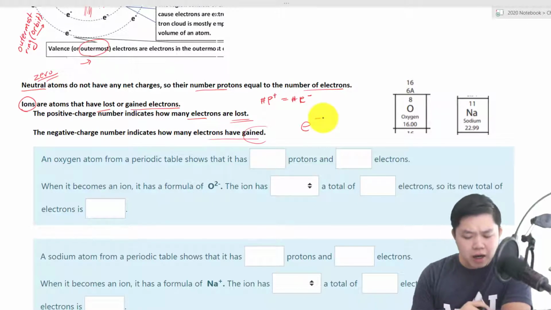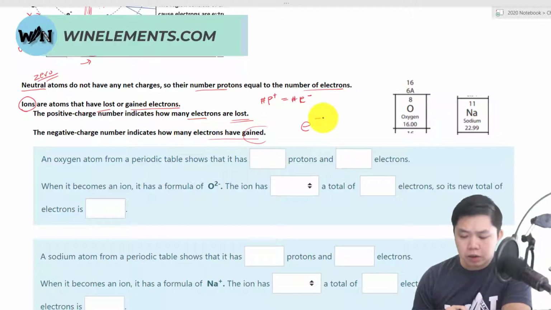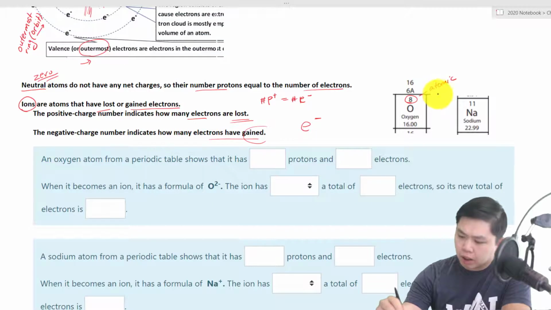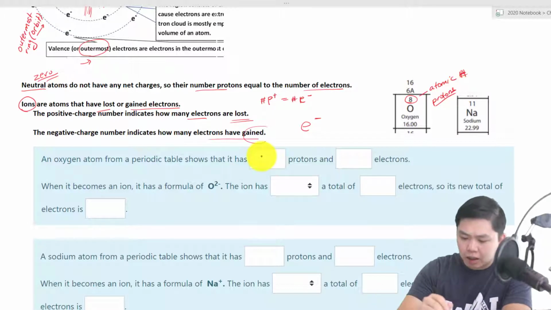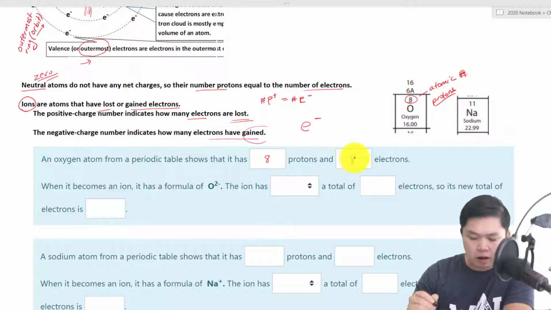An oxygen atom from the periodic table, and remember, every atom from the periodic table is neutral. It has what? Well, oxygen is right here. Remember, this is the atomic number, right? And this number is also equal to the number of protons. So in this case, it has 8 protons, and therefore it also has 8 electrons.